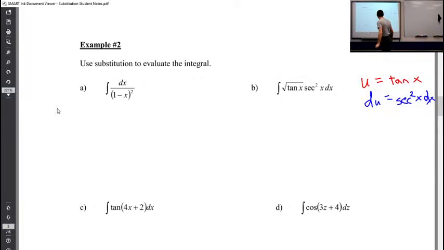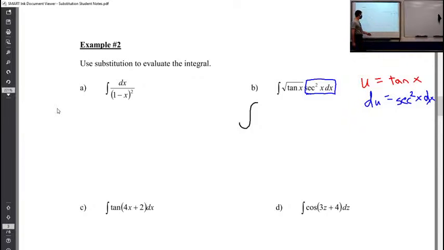And by a remarkable coincidence, secant squared x dx is already somewhere else in the problem. And tangent is happening inside of that square root. And so this matches with this.